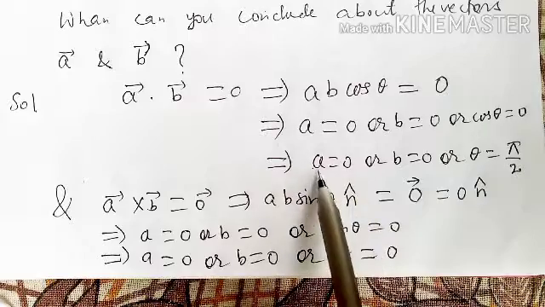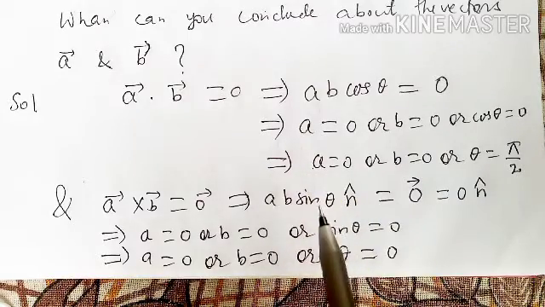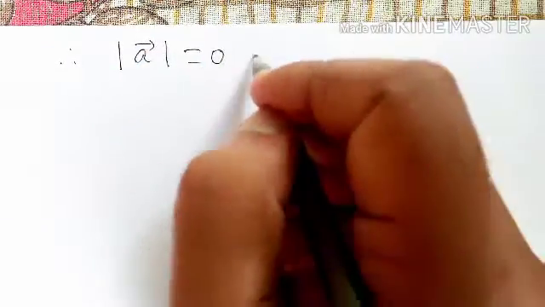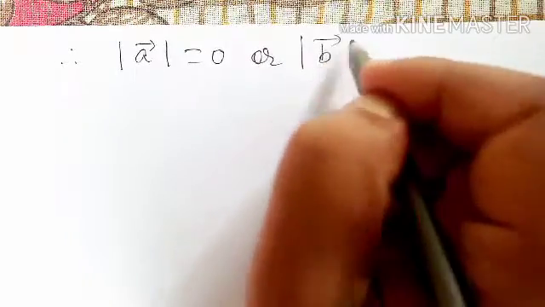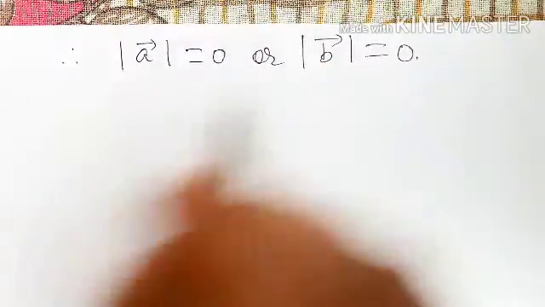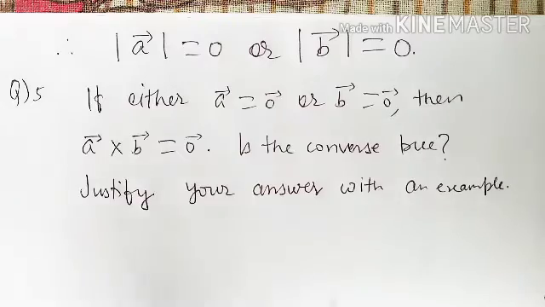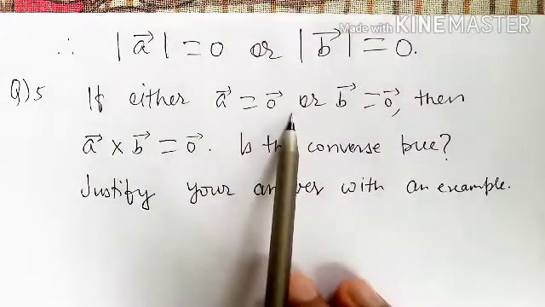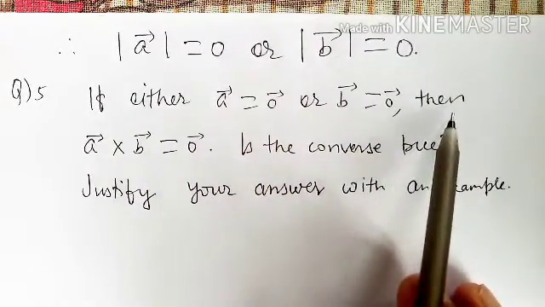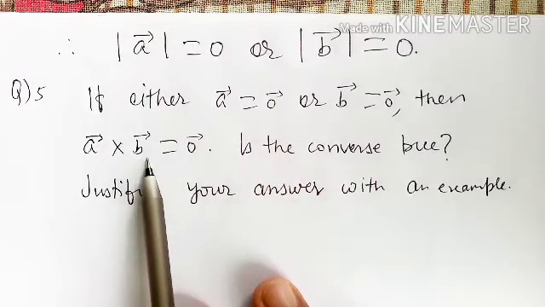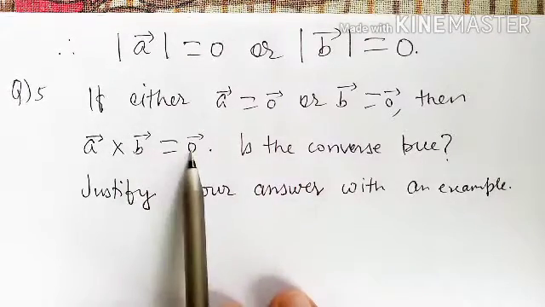You know that A is the magnitude of vector A, therefore magnitude of vector A is equal to 0 or magnitude of vector B is equal to 0. If either vector A is equal to 0 vector or vector B is equal to 0 vector, then vector A cross vector B is equal to 0 vector.